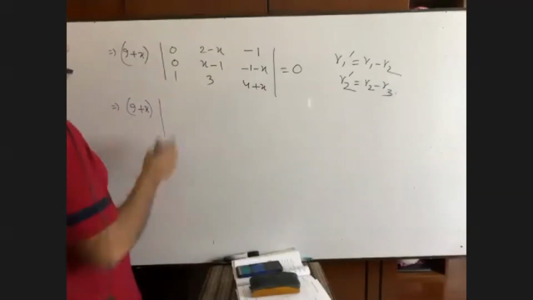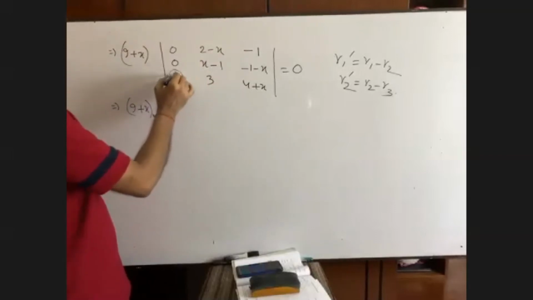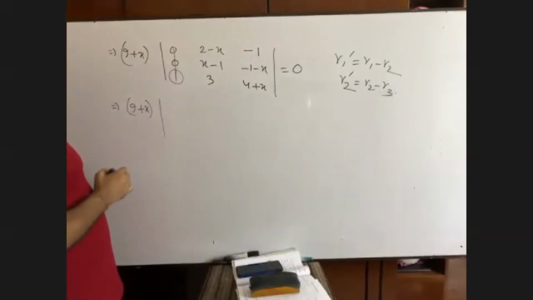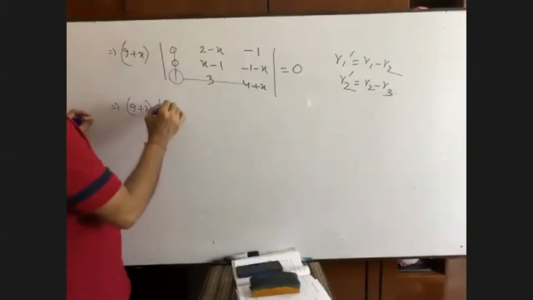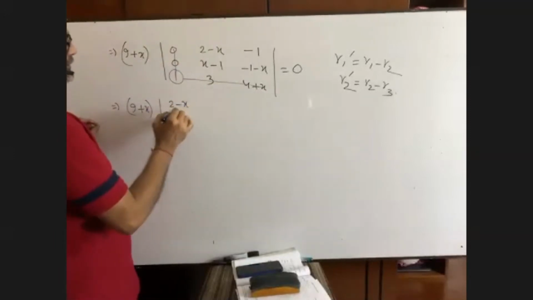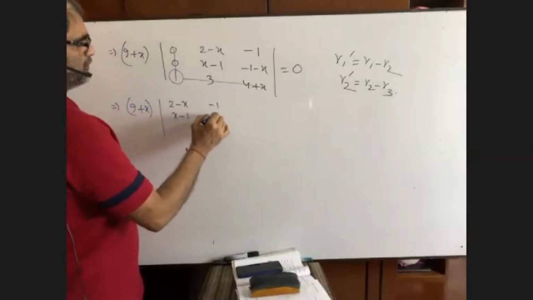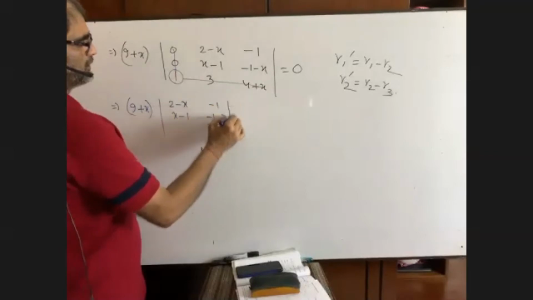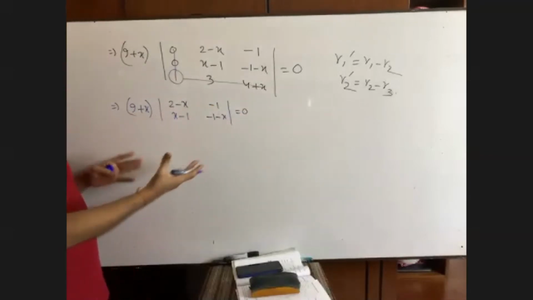Now you see this is 0, all will be 0, all will be 0. This is 1. That means along this column and along this row will not be considered. So you are left with 2 minus x, x minus 1, minus 1, minus 1, minus x is equal to 0. So now we have got a very small math.